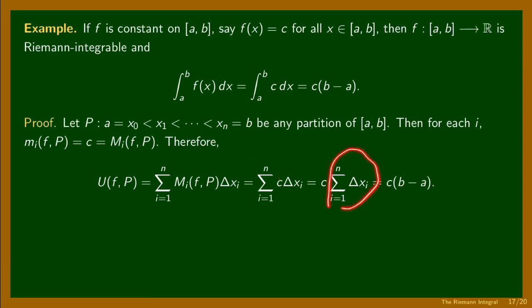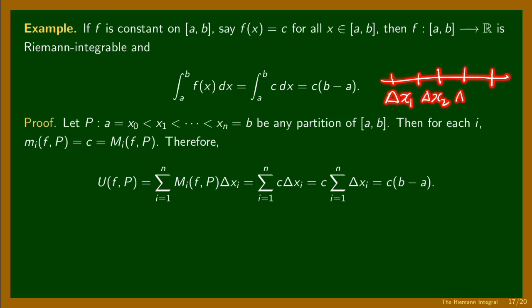Then, pag inadd ko yung length ng bawat sub-interval I from 1 to n, of course, I will just get the length of the entire interval, which is b minus a. Diba? Kung ito yung interval mo, ito yung delta x1, ito yung delta x2, delta x3, delta x4. Pag inadd ko lahat to, ang lalabas lang yung interval mo from A to B.